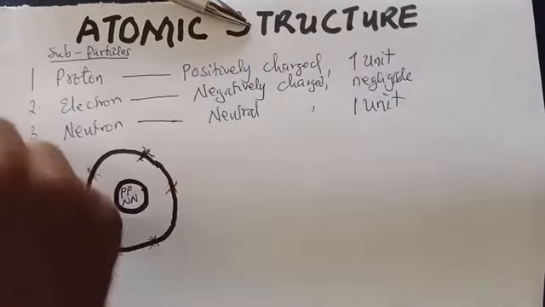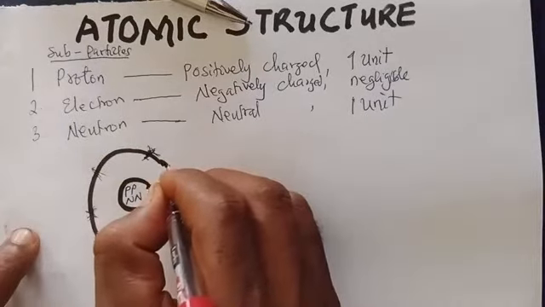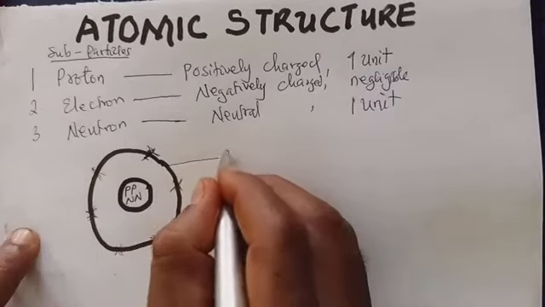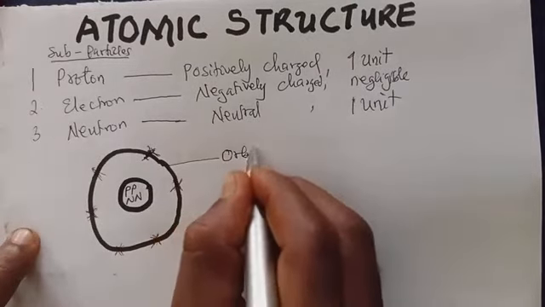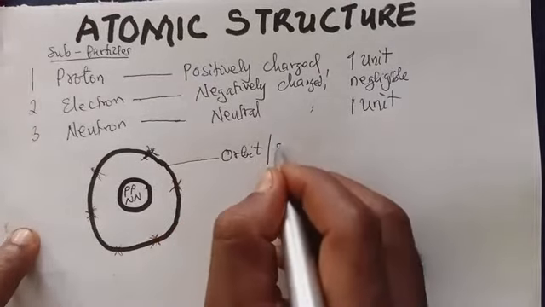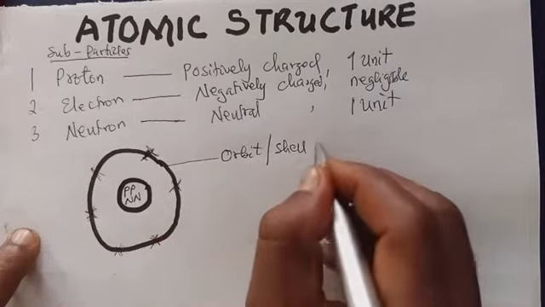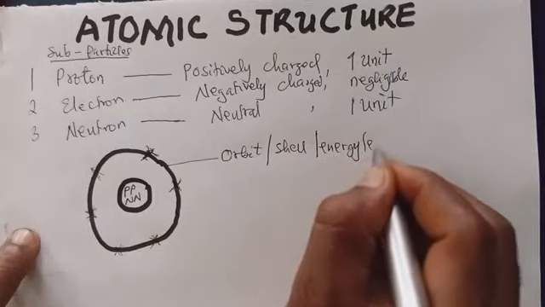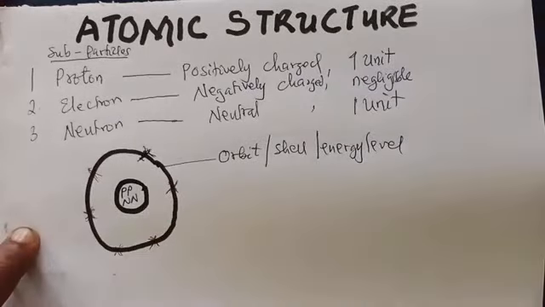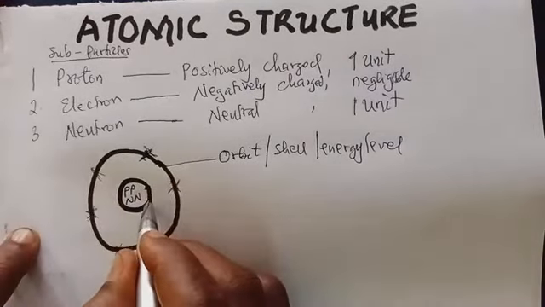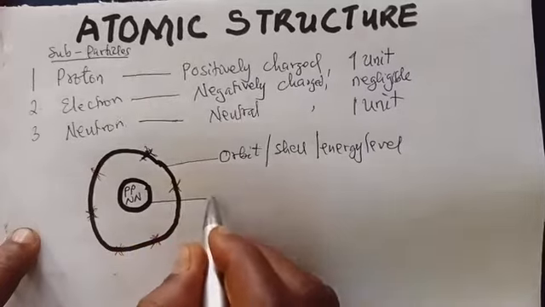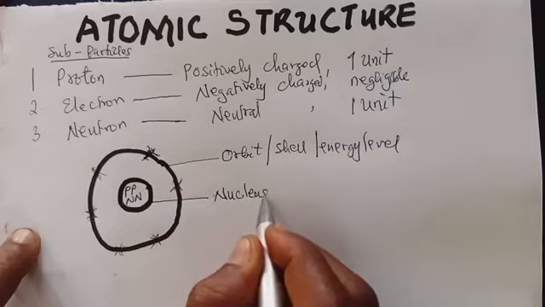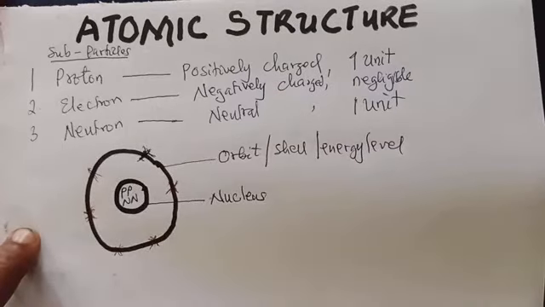So, you call this the orbit or shell or energy level. This is the nucleus of the atom.